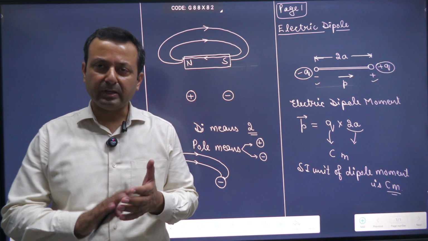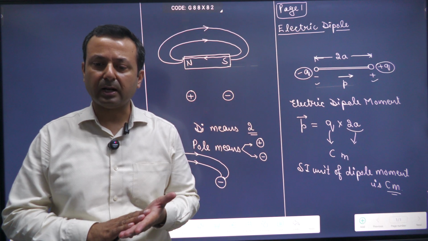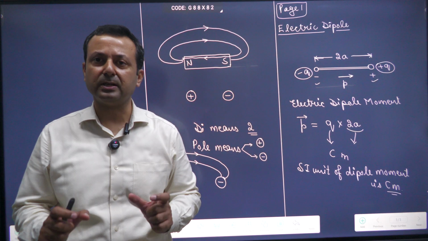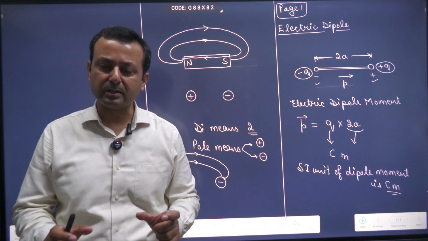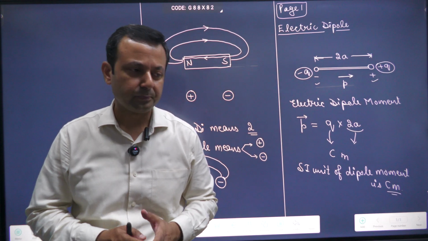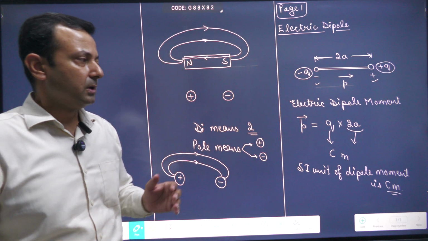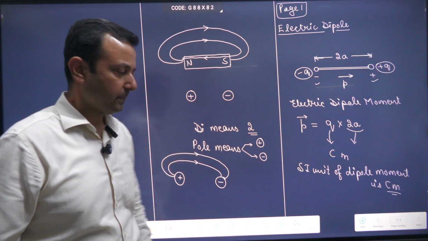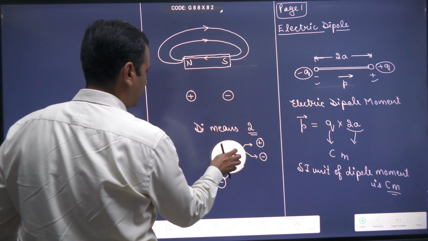Electric field is an area, a field where the presence of electricity can be experienced. That is called electric field. So, we want to calculate electric field due to an electric dipole. Now look.